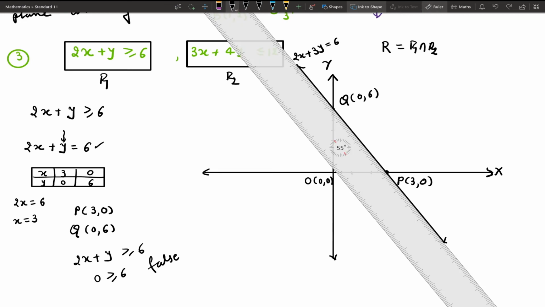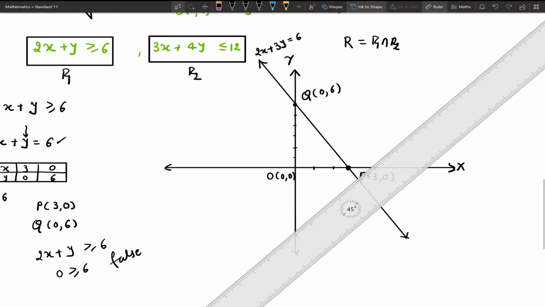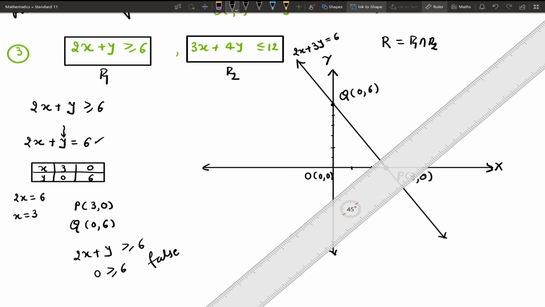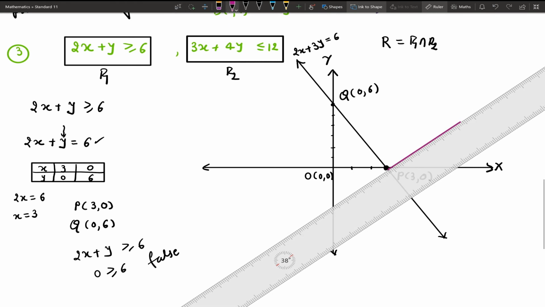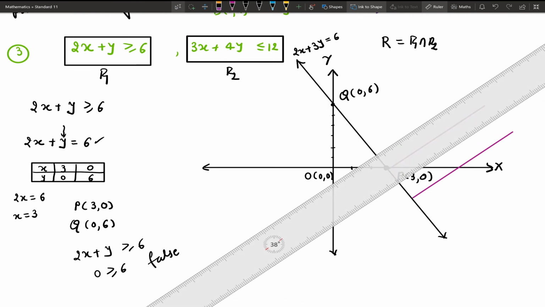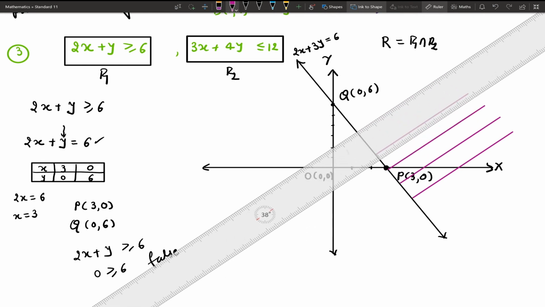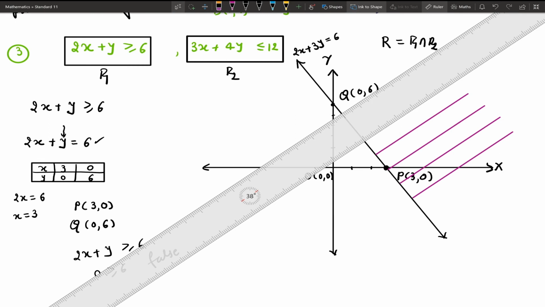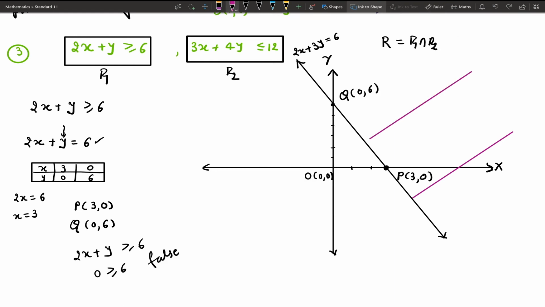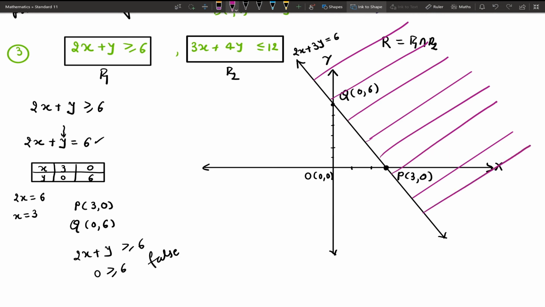That will be our region R1, the closed half plane not containing the origin.